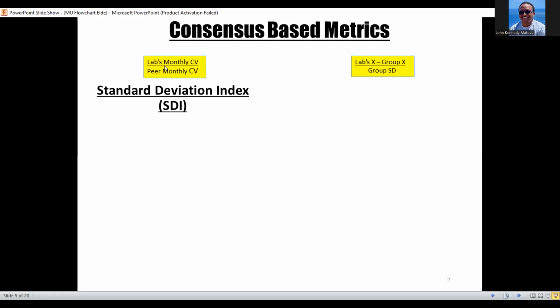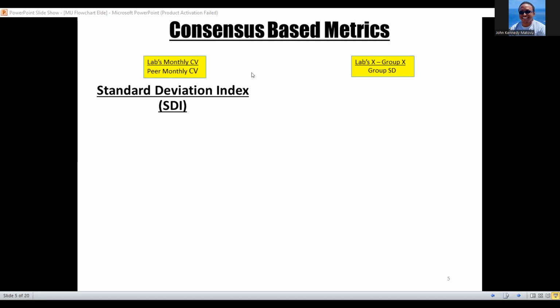Okay. So again, on the chat box, will SDI give you an indication of which error, SE or RE? SDI, is it RE? Be very careful. This is not just SD, it's an SDI.